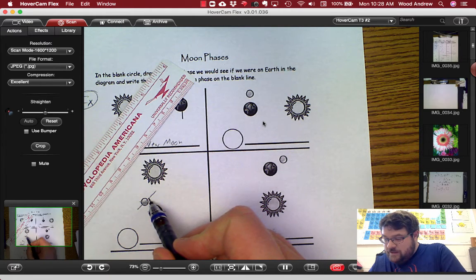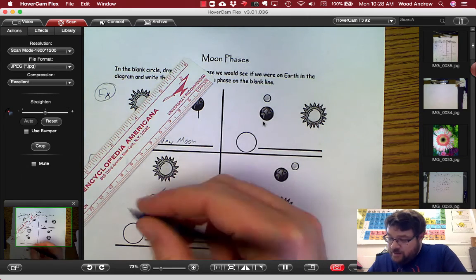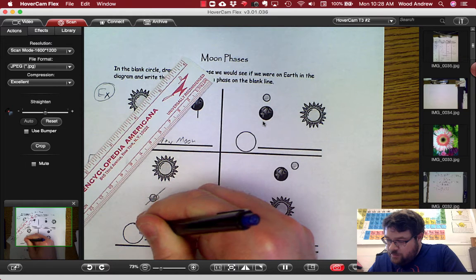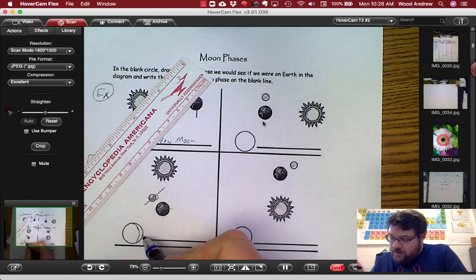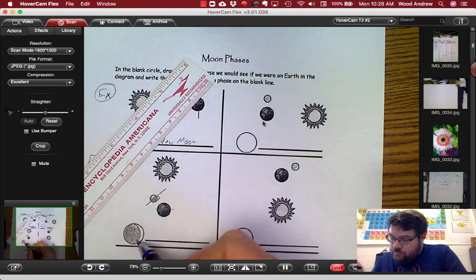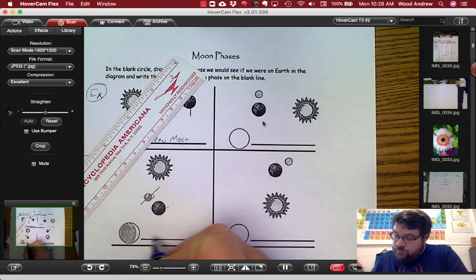So I can see just a little bit right there. That's going to be on the right-hand side. So we're going to see a little bit of the right-hand side will be lit up. So that's going to be the lit portion. This is going to be the dark portion. And we would call that a crescent moon.